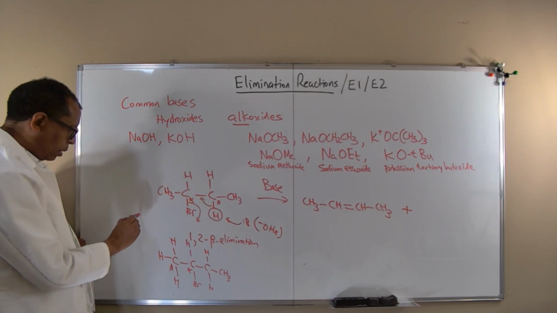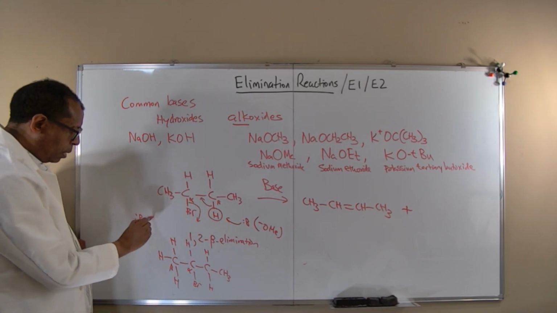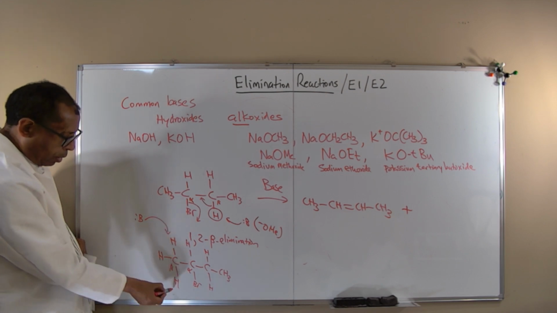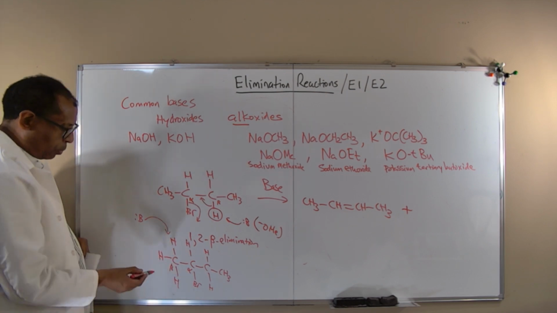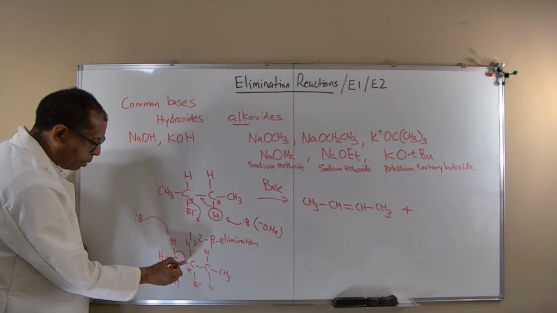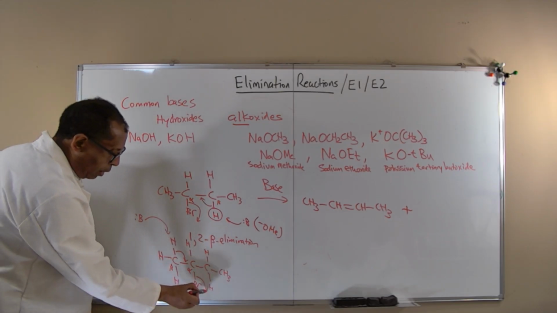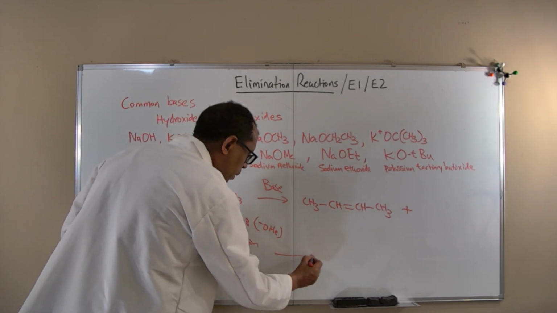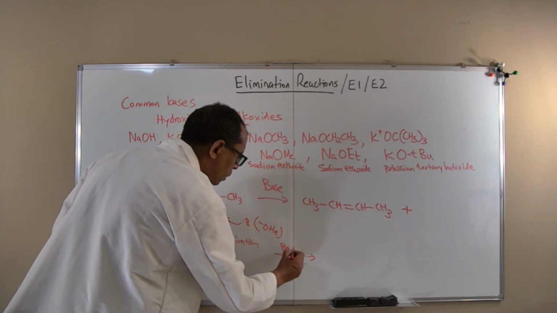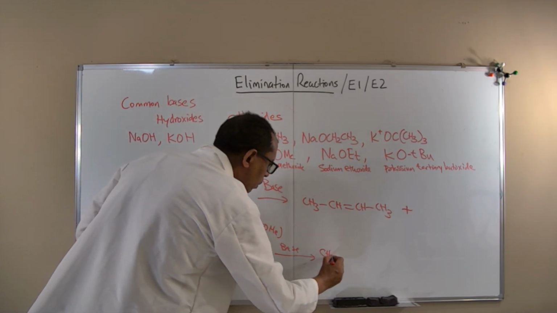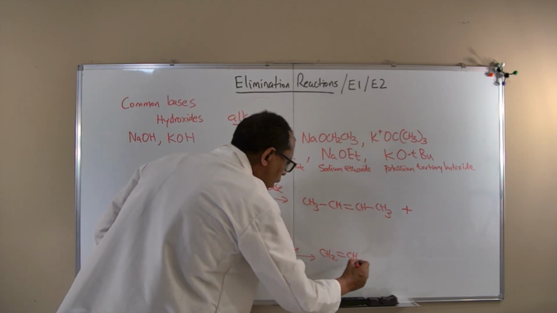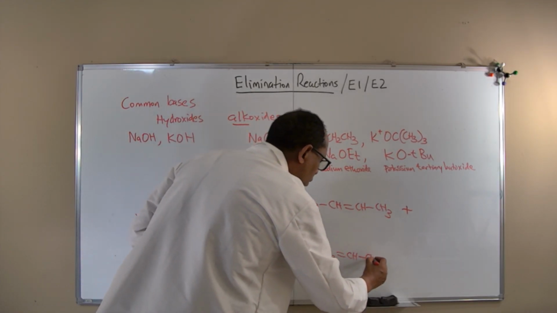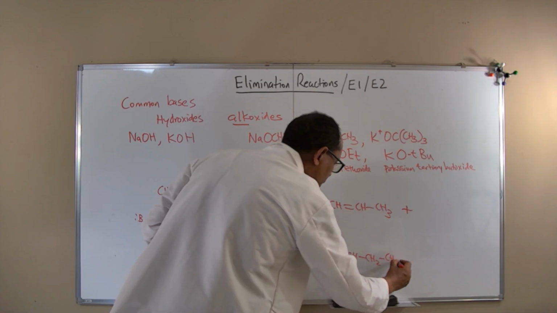So the base comes the same way. It abstracts that proton, or that proton for that matter, or this proton. This collapses back, and this leaves. So the product looks like CH2 double bond CH, CH2, CH3.